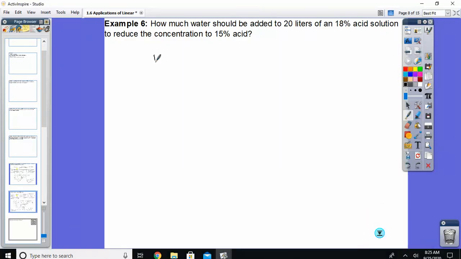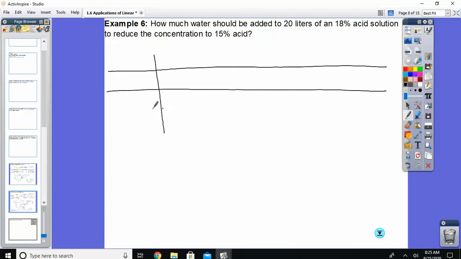So we are doing a mixture, so we need our table. This time I'm mixing water with an 18% solution to get a 15.